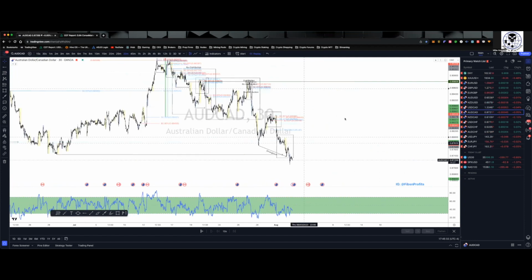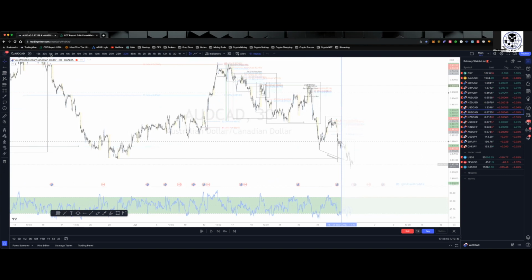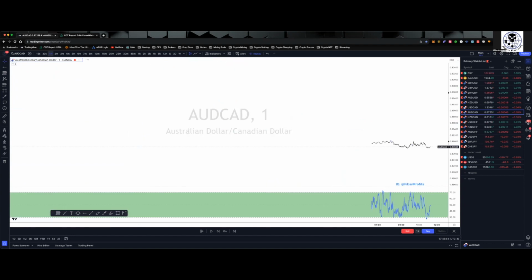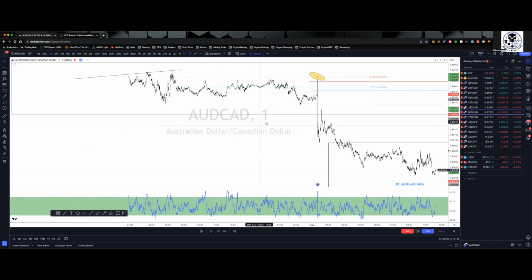Really, this is the focal point for me right in here. I like the distribution that we got. I like the mitigation of it, and this is where I'm kind of hoping we get into right here.